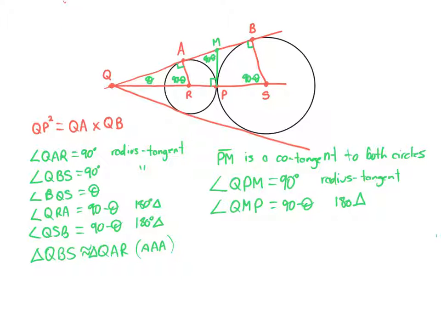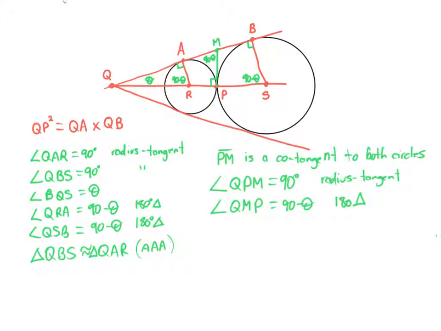So, we now know that we have three similar triangles here. As I was saying, we've now established that this triangle QPM is similar to these other two triangles because they've all got the same angle.